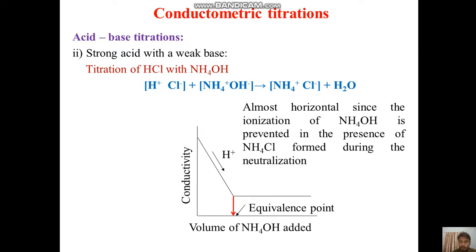We get ammonium chloride and one water molecule, and the curve is almost horizontal, since the ionization of ammonium hydroxide is prevented in the presence of ammonium chloride formed during the neutralization, and the equivalence point you can see here.